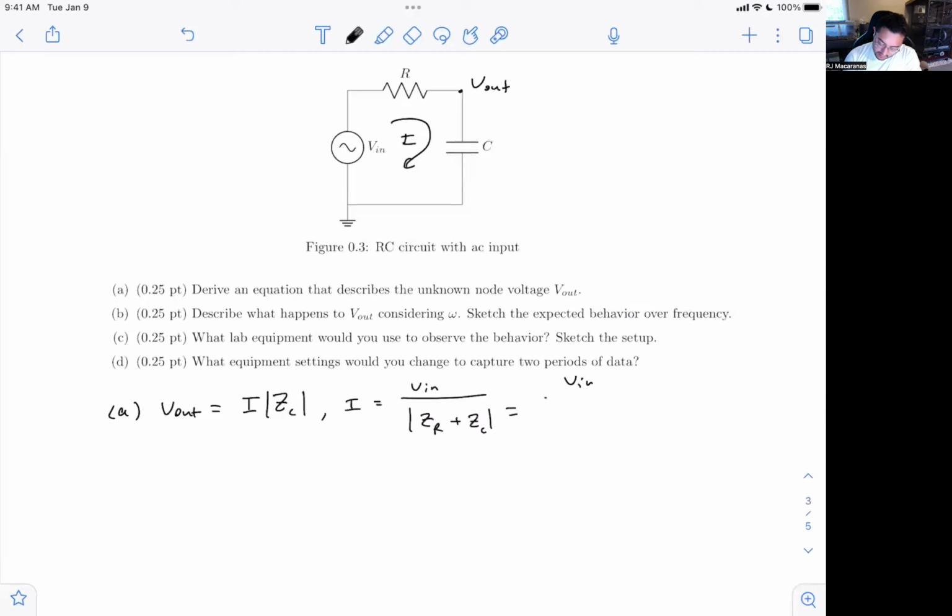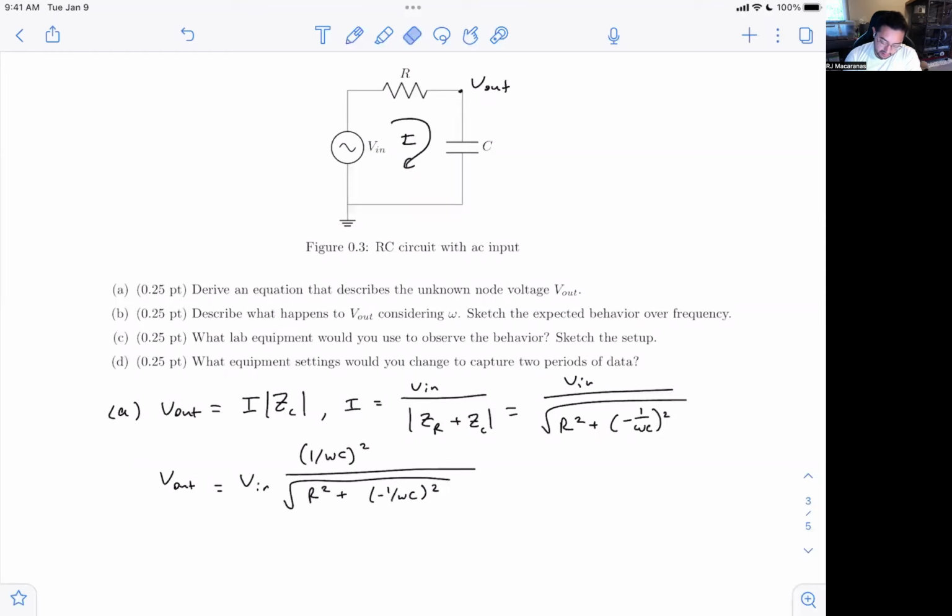So we got V in divided by the square root of R squared plus minus 1 by omega C squared, which gives us an output voltage of V in times this ratio, 1 by omega C over the square root of R squared plus minus 1 by omega C squared. Sorry, this is not squared, right? This would be the square root of this, which is just 1 by omega C.